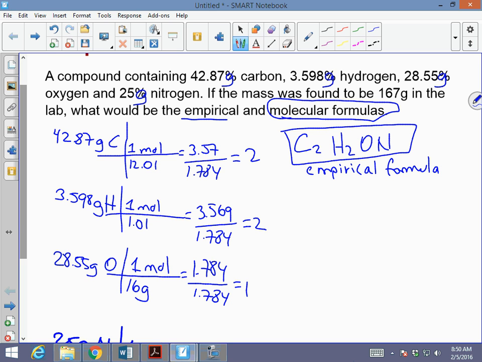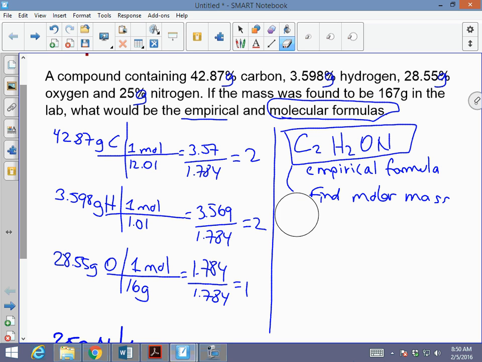And they give you a mass of 167. My next step is to find the molar mass of the empirical.